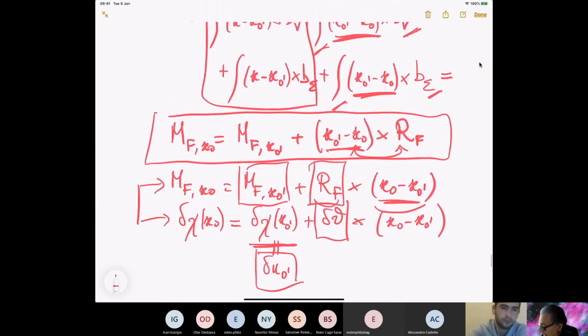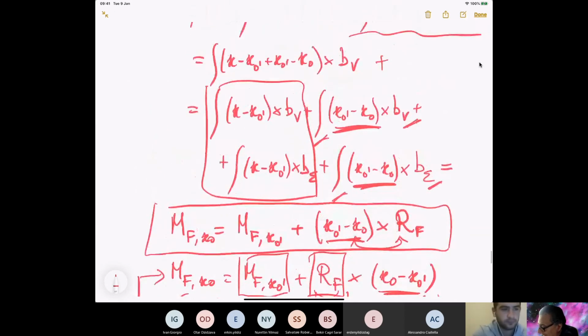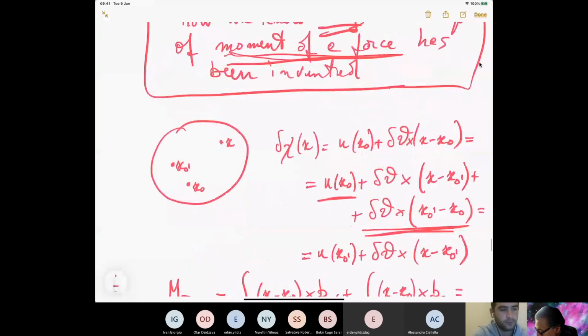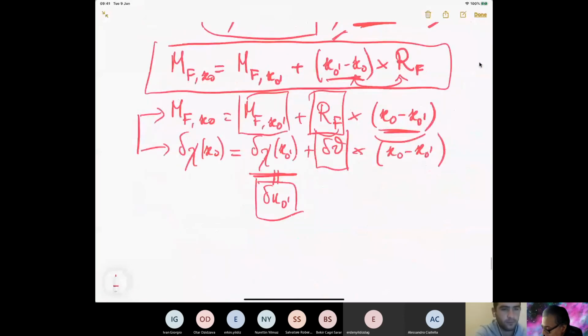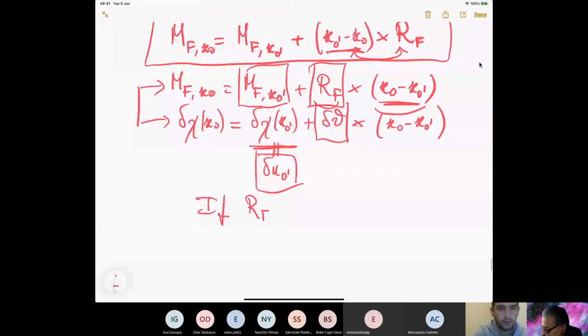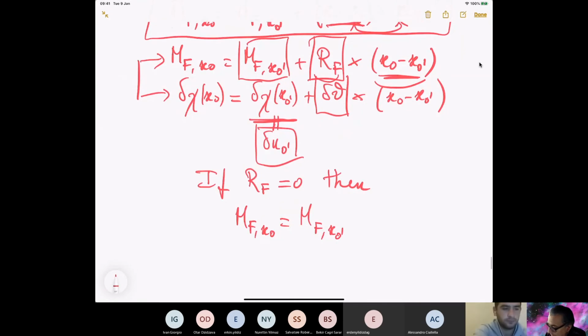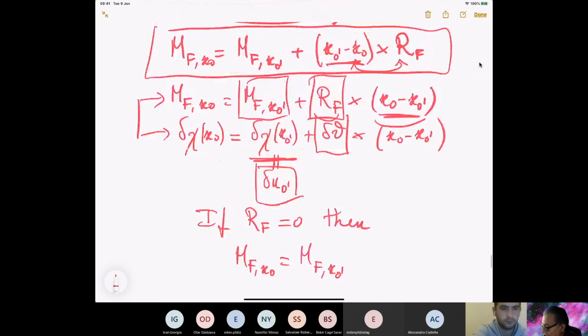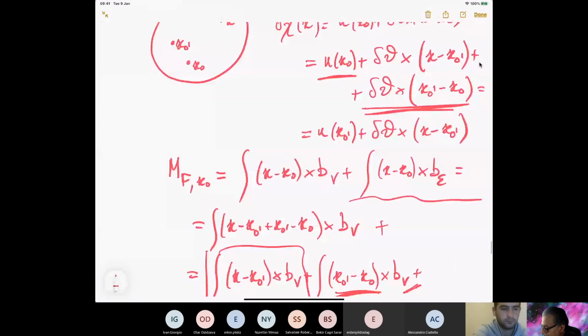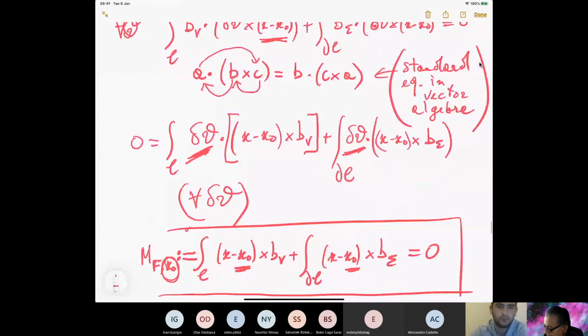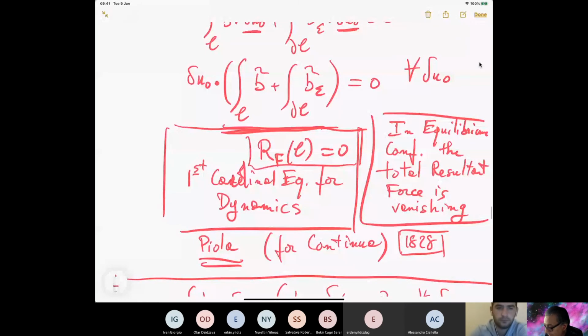Okay. Why are these properties important? Because clearly, if R of F is 0, then M F x0 equals M F x0 prime. So, imposing the first, this one, the first cardinal equation for dynamics.